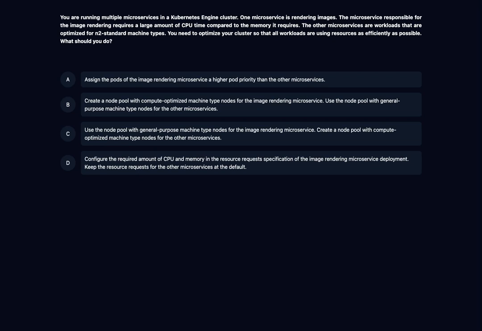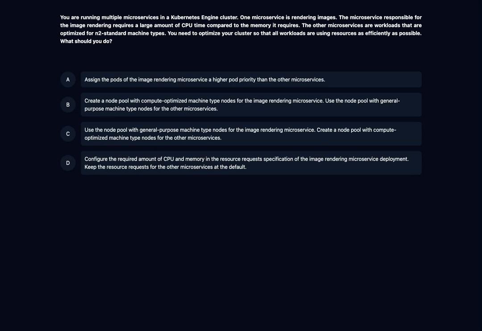A. Assign the pods of the image rendering microservice a higher pod priority than the other microservices. B. Create a node pool with compute-optimized machine type nodes for the image rendering microservice. Use the node pool with general-purpose machine type nodes for the other microservices.